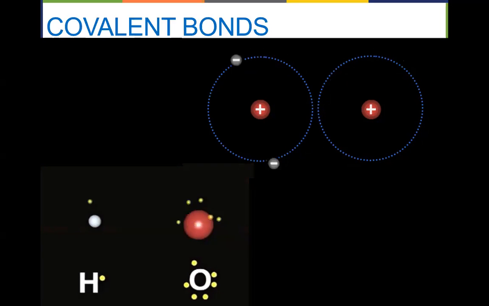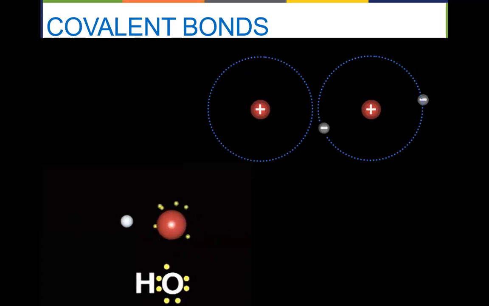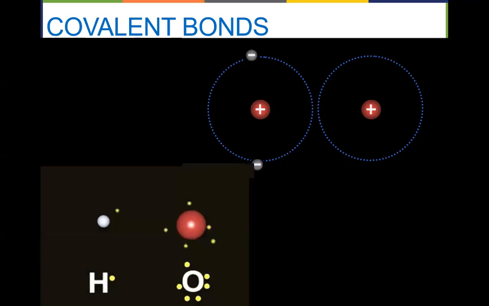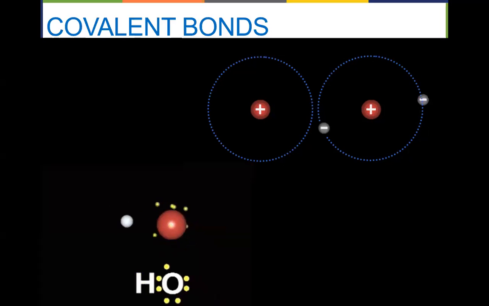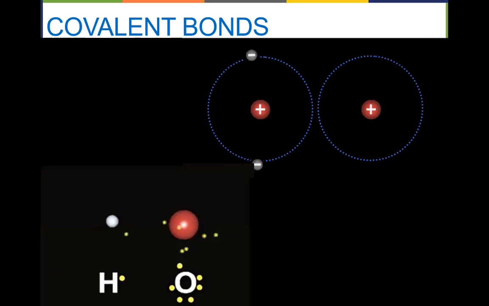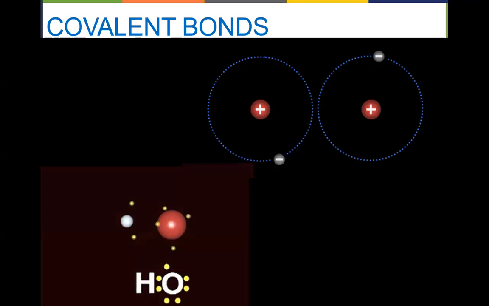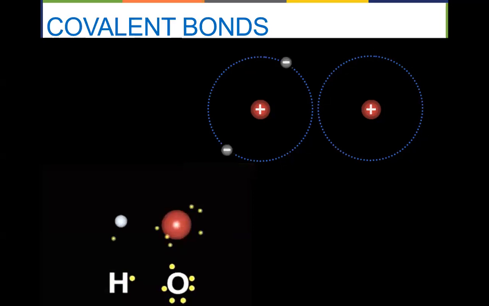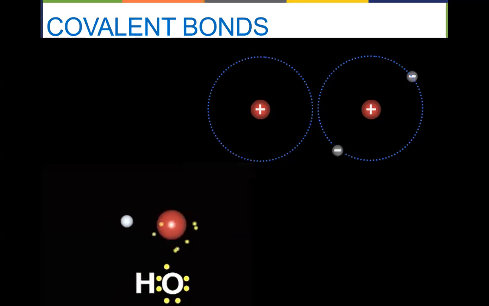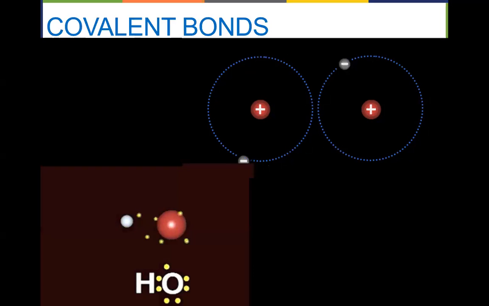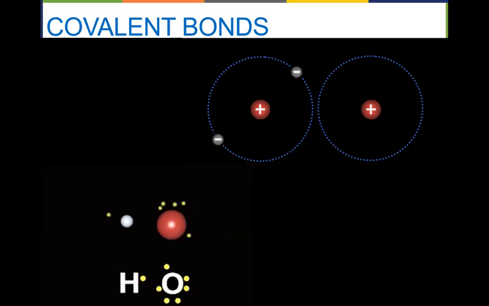And that changes the properties of the molecule. A water molecule, for example, is 2 hydrogens and an oxygen. The properties of the individual hydrogens and the property of the oxygen are no longer the dominant property of the molecule. The water molecule is different than the individual gases.